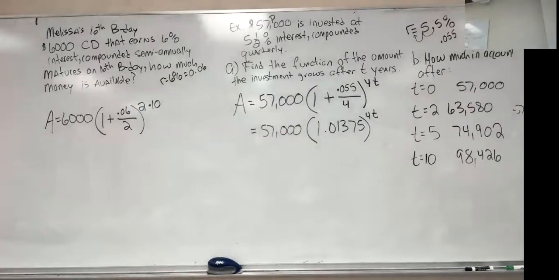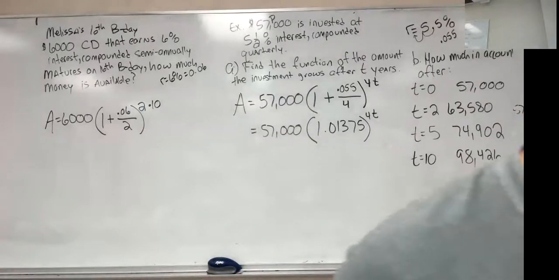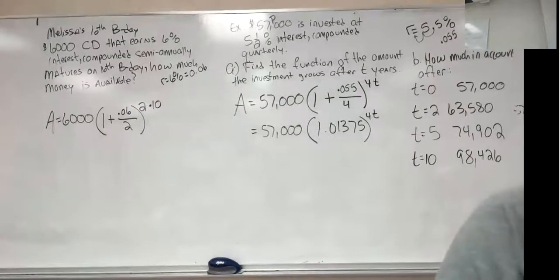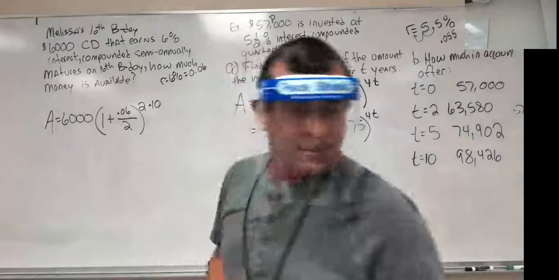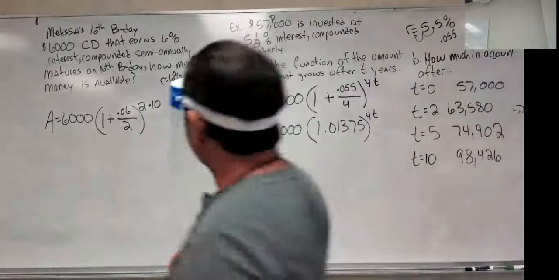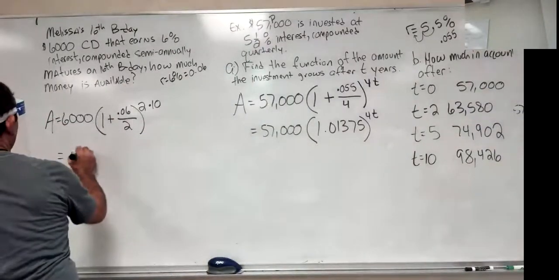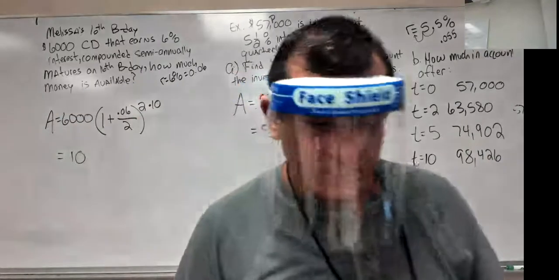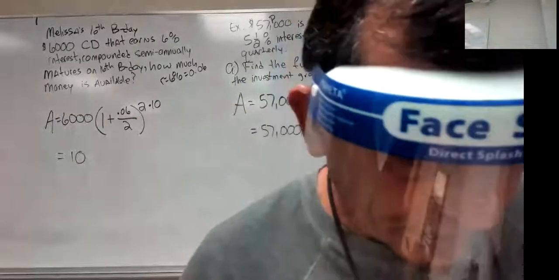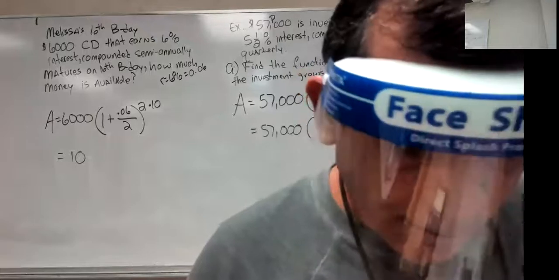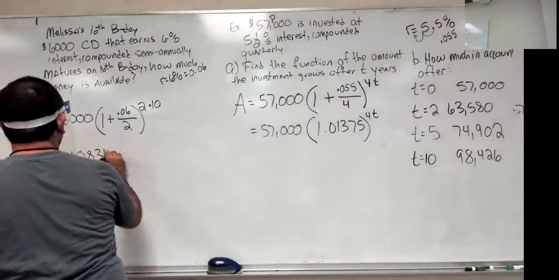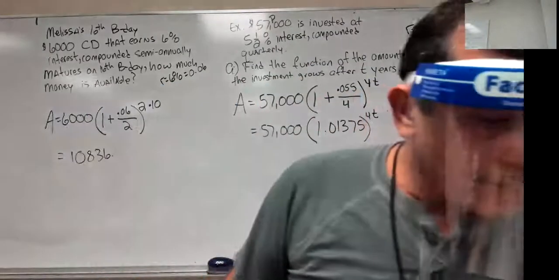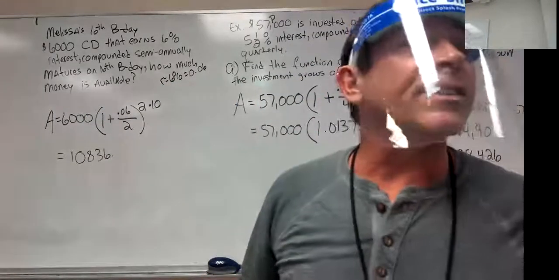So I guess we're about to see if little Melissa's going to get her a car for her birthday, right? Ooh, 10,000 something. Now round this to the nearest cent.